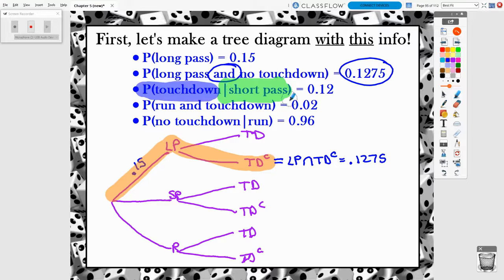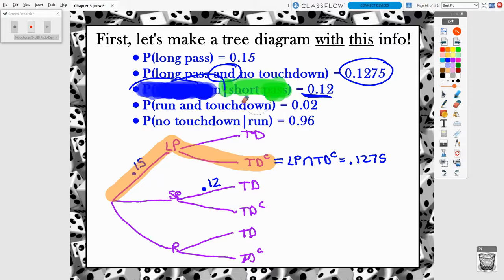The conditional part is just extra information. It doesn't represent also something else that happened. So this touchdown represents this touchdown branch. So this 12% goes on this branch alone. So there's a 12% chance of a touchdown given that they threw the short pass.